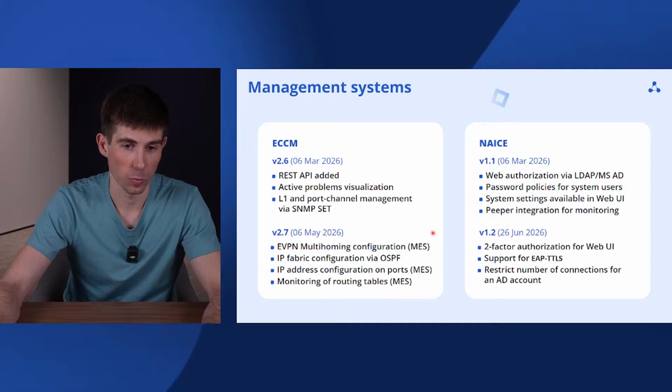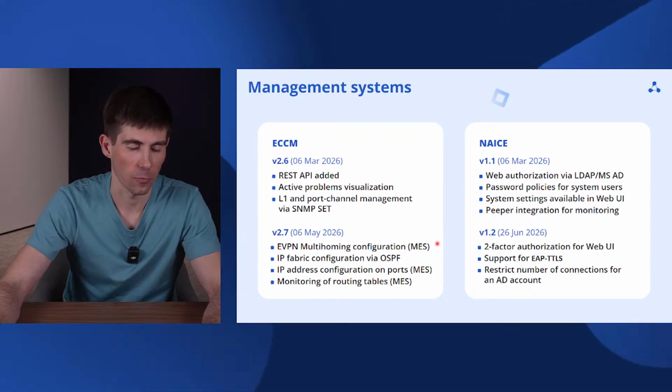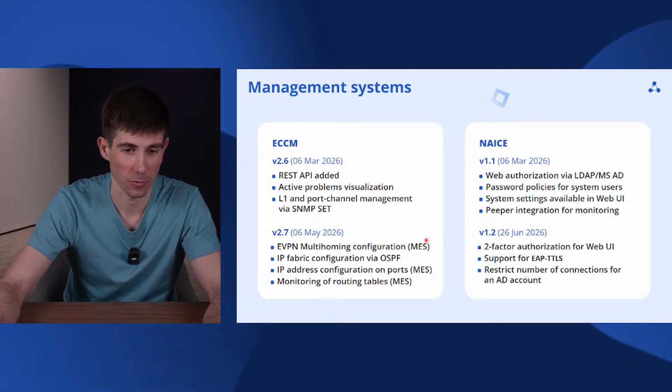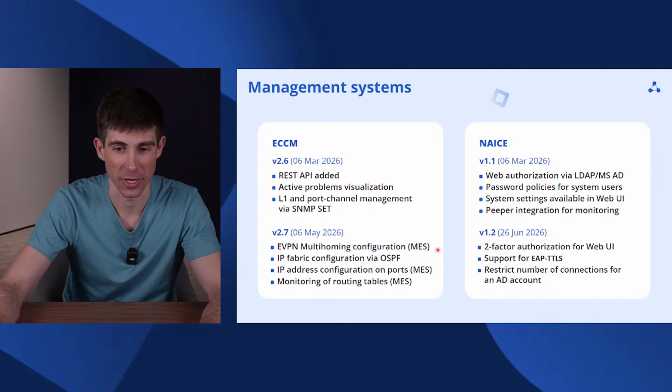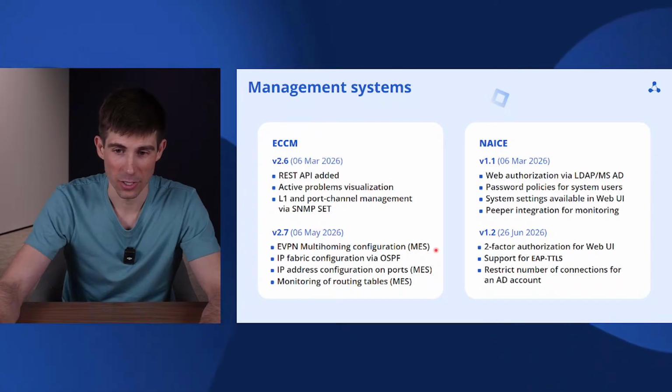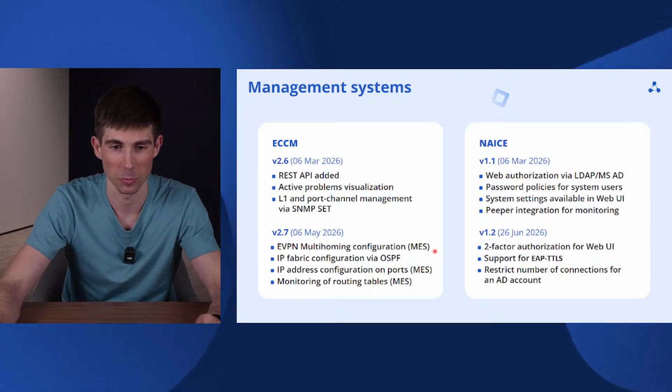And in the version 2.7 that just had been released, we have a bunch of improvements for Ethernet switches. Some of them to do with the data center switches, like EVPN multi-homing configuration for leaf units that can be connected to multiple hosts.